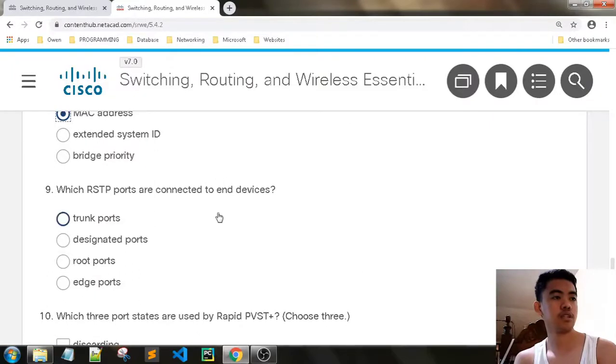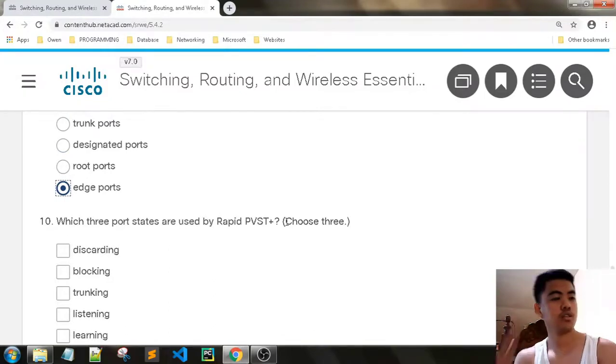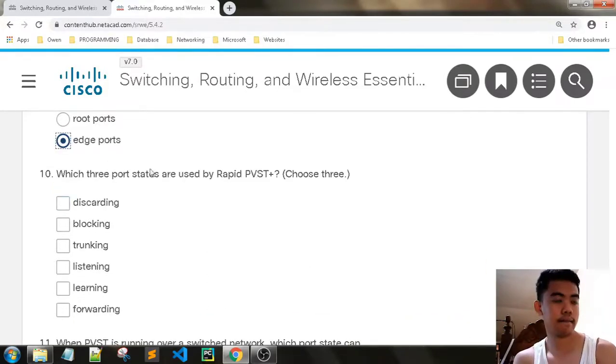Which RSTP ports are connected to end devices? Here, the edge ports. Which 3 port states are used by RPVST? The discarding, learning, and forwarding.